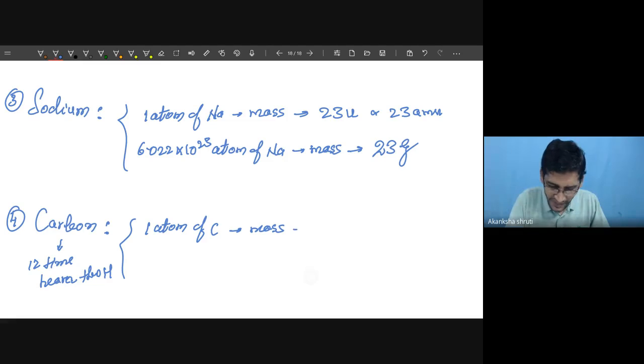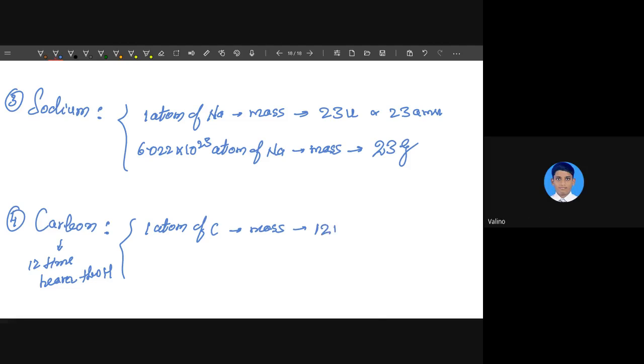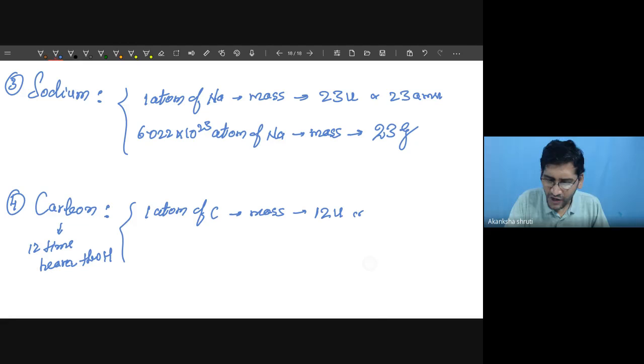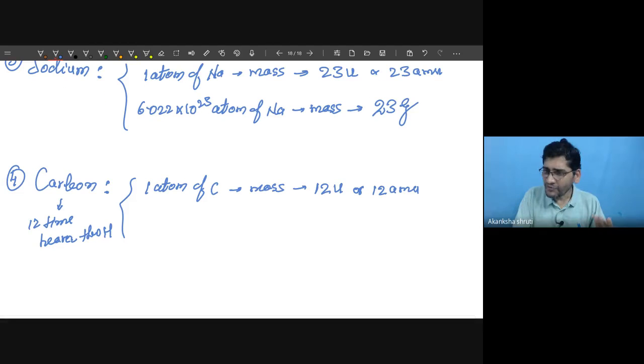Therefore, its mass will be 12 U, 12 AMU. Good. So 12 AMU is for how many atoms, student? For one atom of carbon.